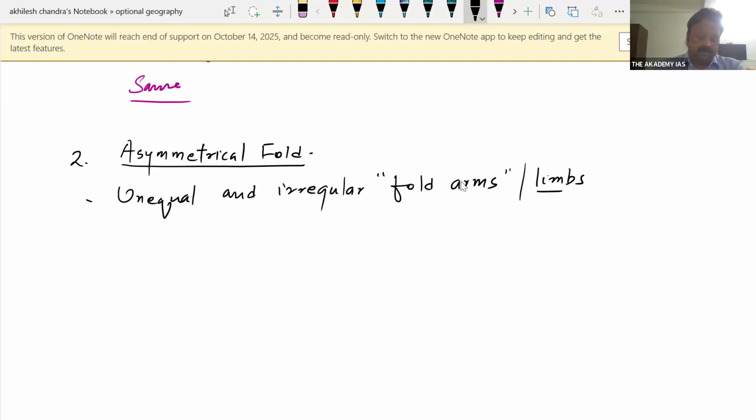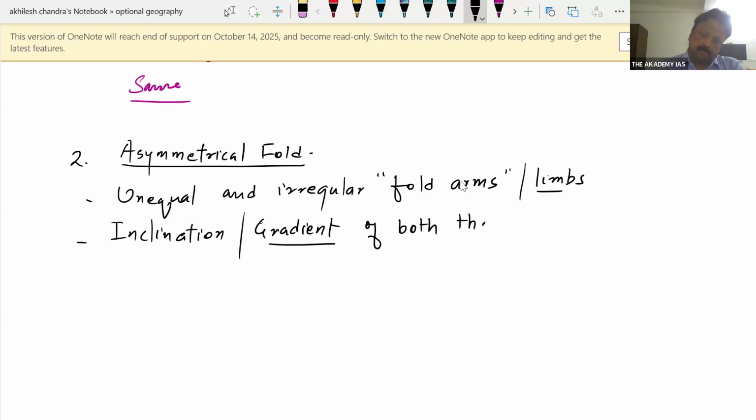Unequal arms. The inclination, that is the gradient, of both the limbs are unequal. Okay. So this is asymmetrical fold.